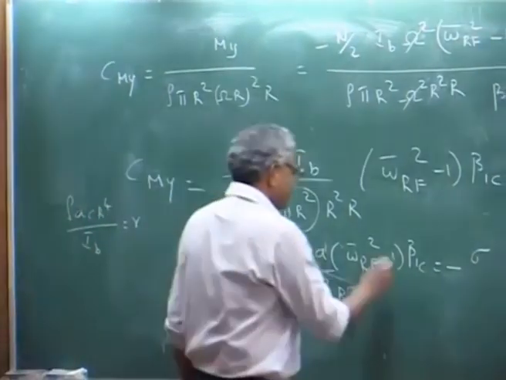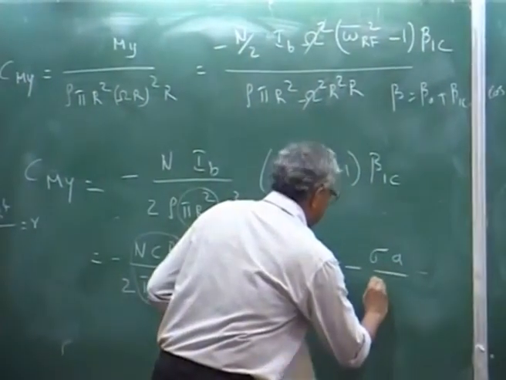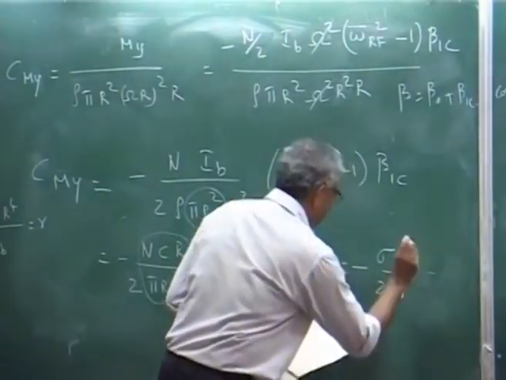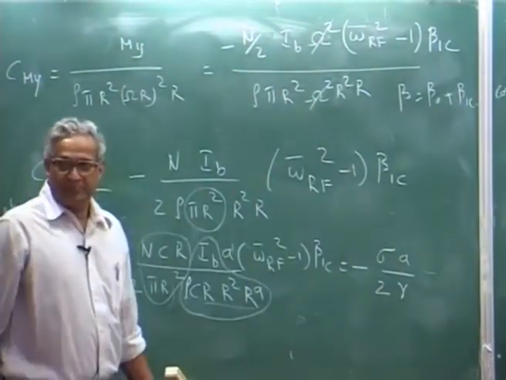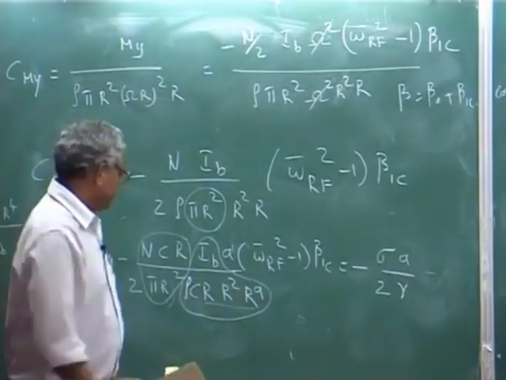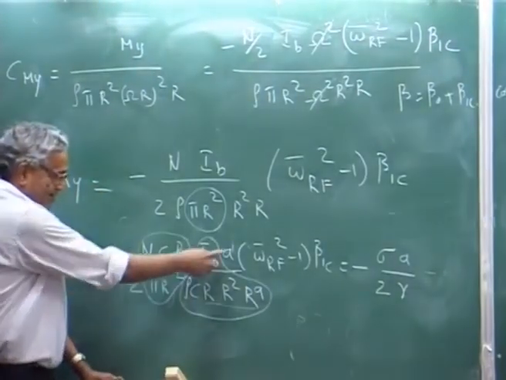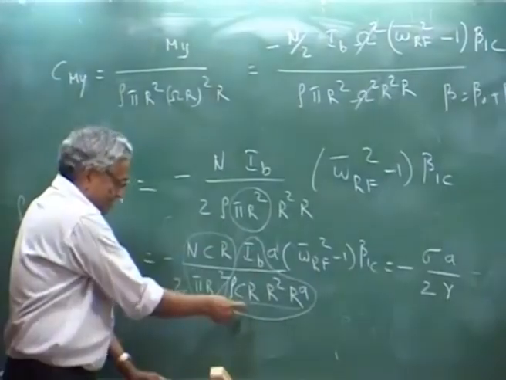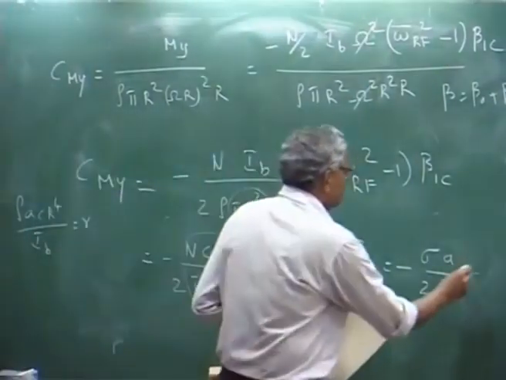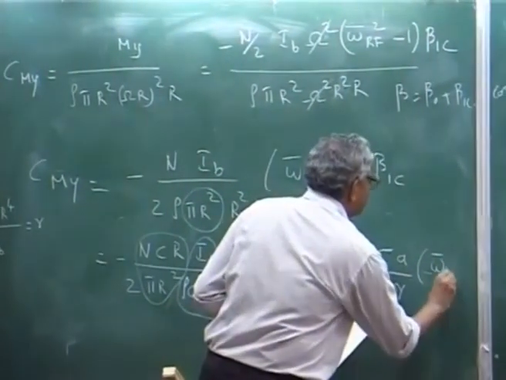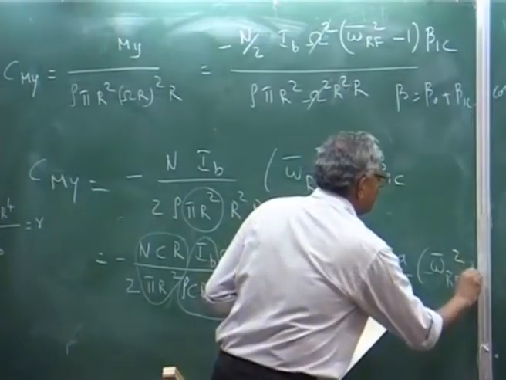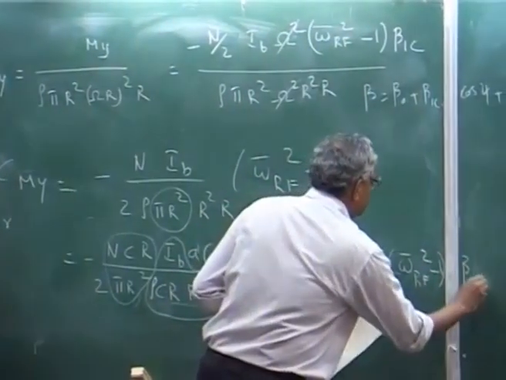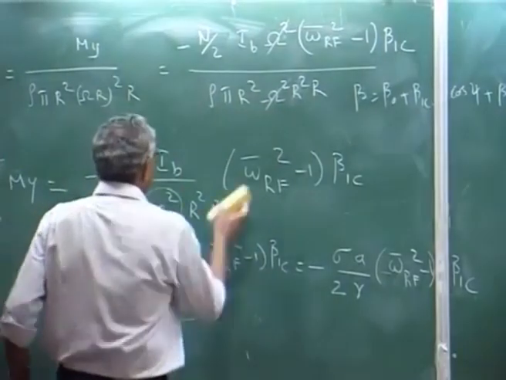So you will have minus sigma a over 2 gamma, sigma a is there, this is gamma, and 2 into omega bar RF squared minus 1 beta 1c. Let me simplify and write it.